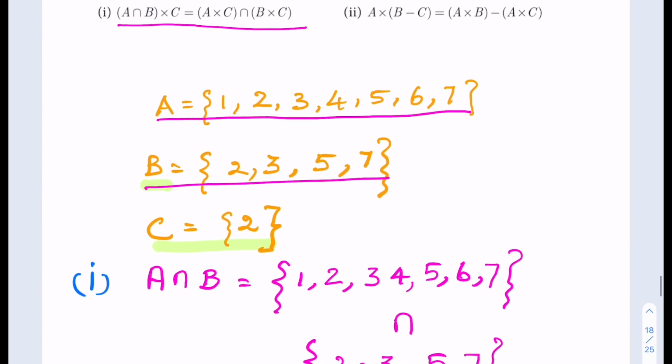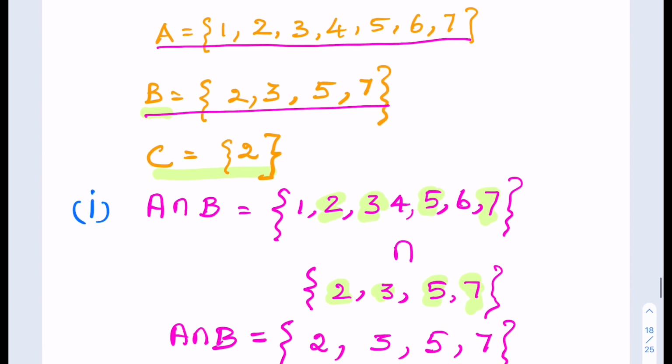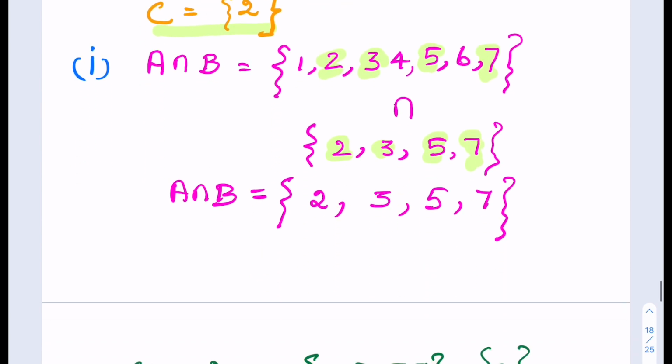So A intersection B: we have to find the common elements between these two sets. So we see that 2, 3, 5 and 7 are the common elements present in both the sets. So A intersection B is a set with elements 2, 3, 5 and 7.